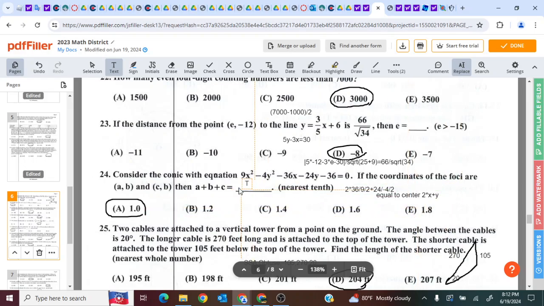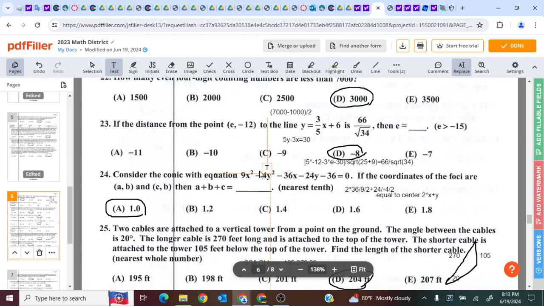And then you add your y value right here. So you've got to figure out that information. Well, what you do is you can separate this into parts. Divide both of these, 9x squared minus 36x, by 9. So you have x squared minus 4x. And then you simplify that to x minus 2 all squared. And that results in an x center of 2, which is multiplied by twice.